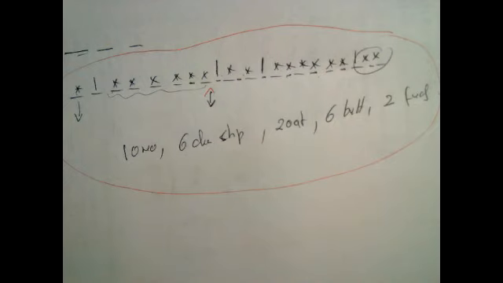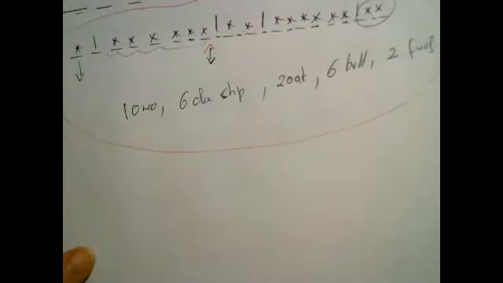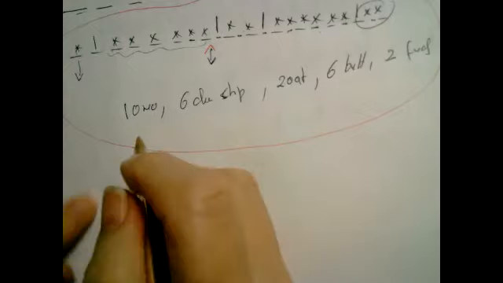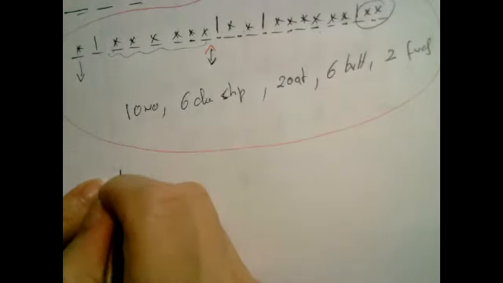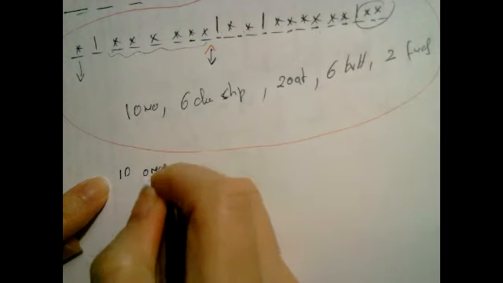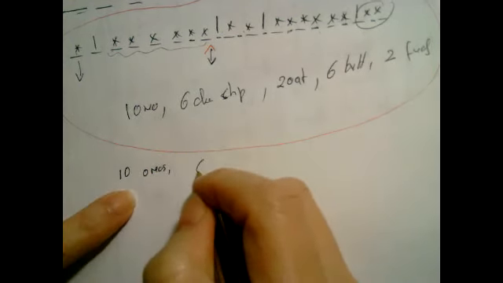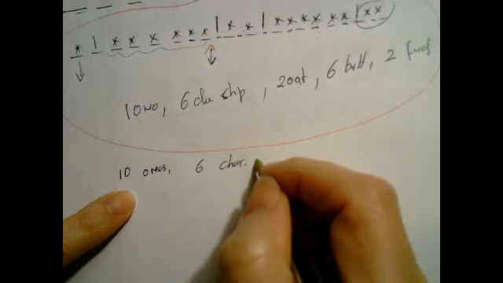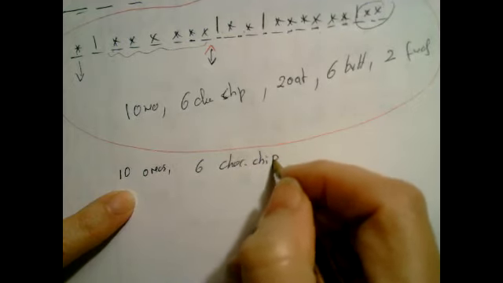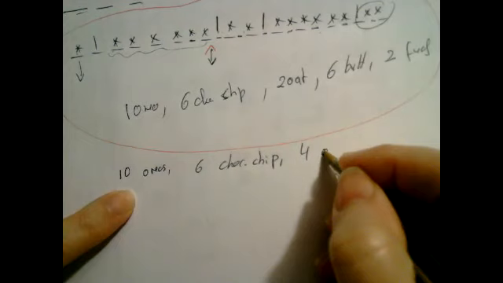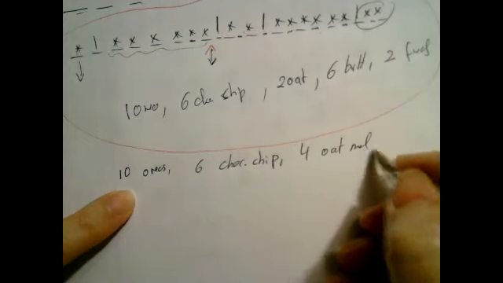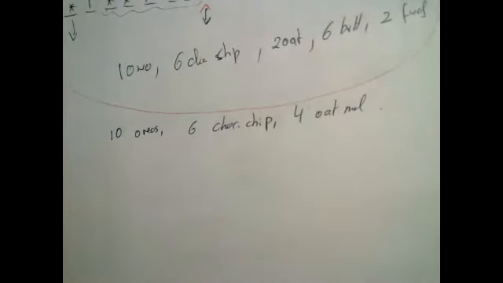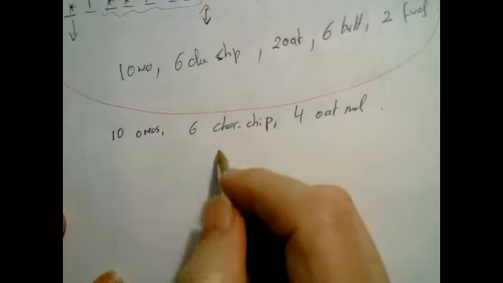So I'm going to give you another selection and you tell me what I'm thinking of. Suppose somebody picked 10 Oreo cookies and they picked 6 chocolate chip and 4 oatmeal. What kind of string am I associating to this one?